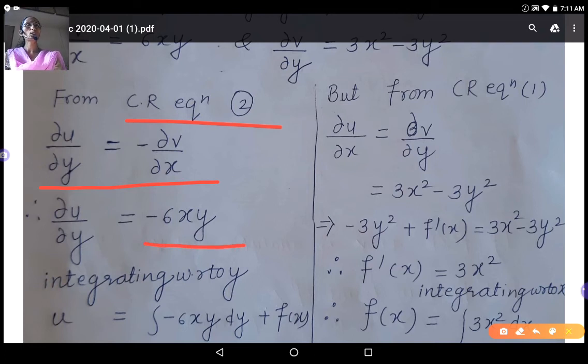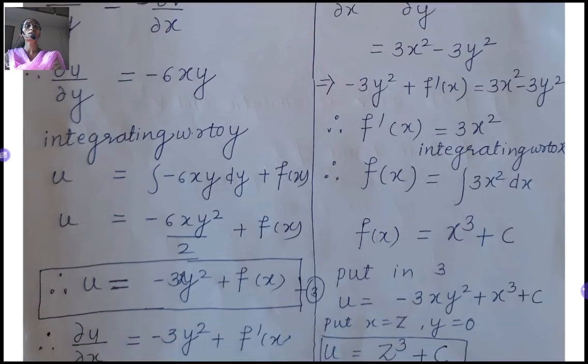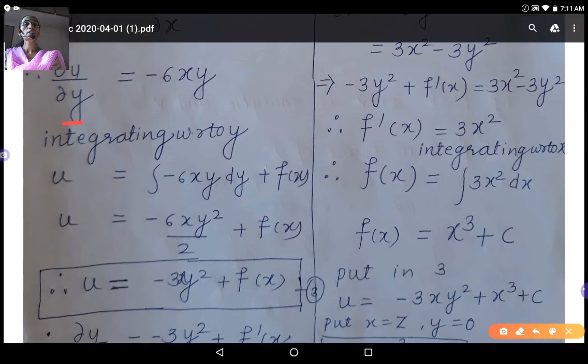Now once you got del u by del y and you want to find u, naturally you are going to integrate it. Integrate with respect to what? y. Integrating with respect to y, you will get on the right-hand side the integration of minus 6xy with respect to y plus f of x, again f of x, because integration is with respect to y, which means the constant term is f of x. In simplified form, you get u is equal to minus 3xy square plus f of x.